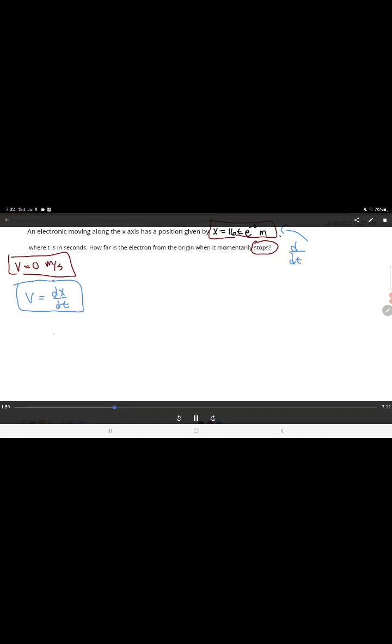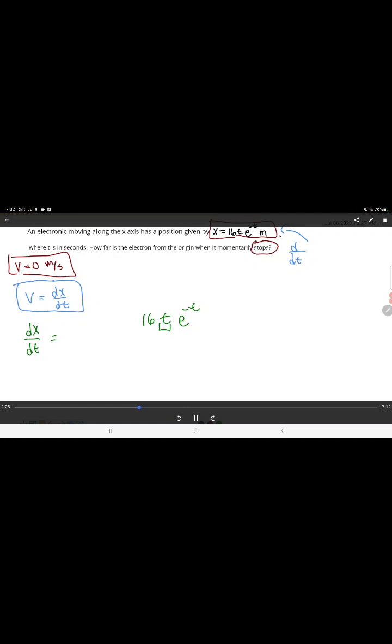So I'm going to take the derivative with respect to t of that position, so dx dt. Now I need to write it out in terms of the product rule. So notice that the 16t part there, the t part, we're going to take the derivative of that and multiply it times the e to the minus t, because that's the way the product rule works.